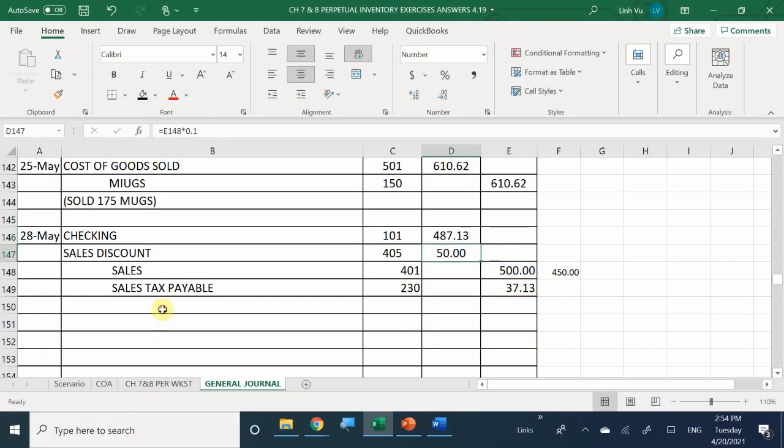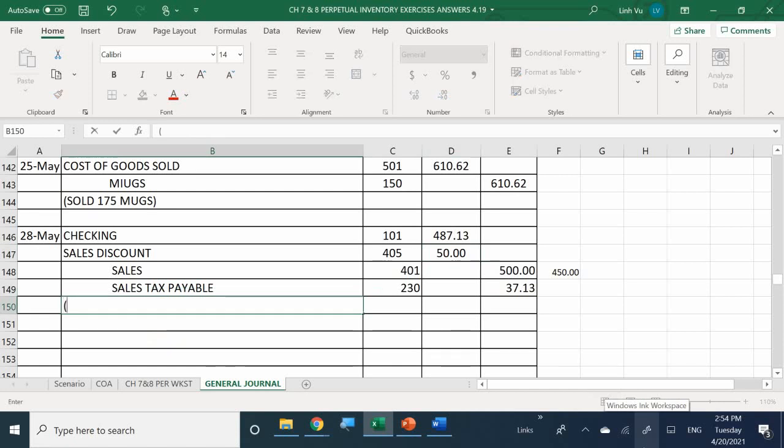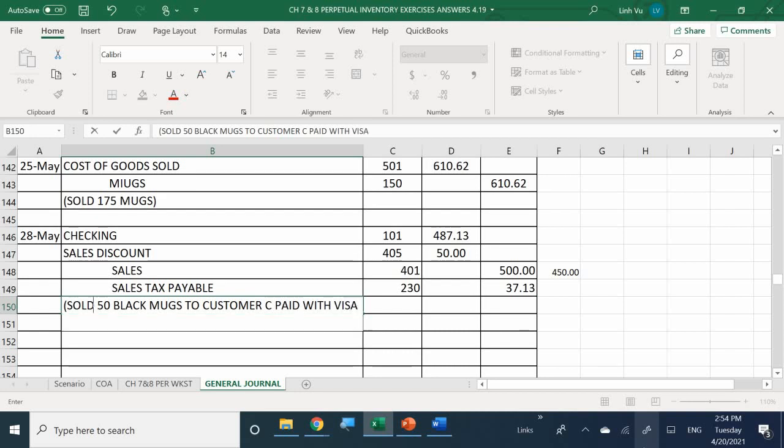487.13 is correct. Once again, I'm going to indicate that you sold 50 black mugs to customer C, and you could say paid with Visa. So you know why it's going straight to your checking account.